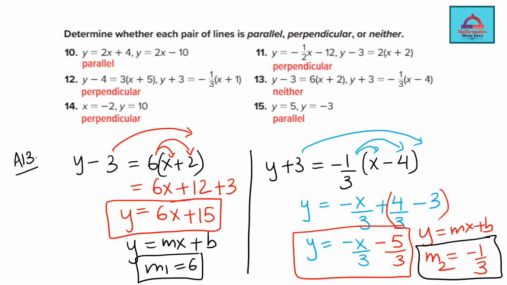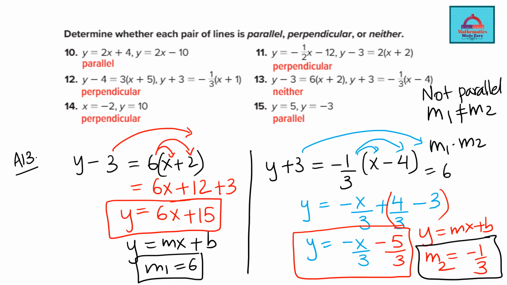Now look at m1 and m2. Are they equal? Definitely no. m1 not equal to m2. So can they be parallel? No, that's not possible. So they are not parallel. Now try to multiply both. m1 multiplied with m2. So 6 multiplied with minus 1 by 3. It comes out to be minus 2, which is not equal to minus 1. So they cannot be perpendicular also.